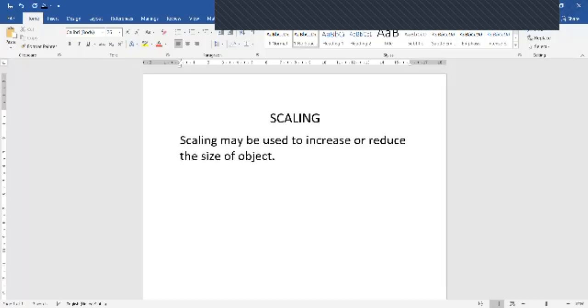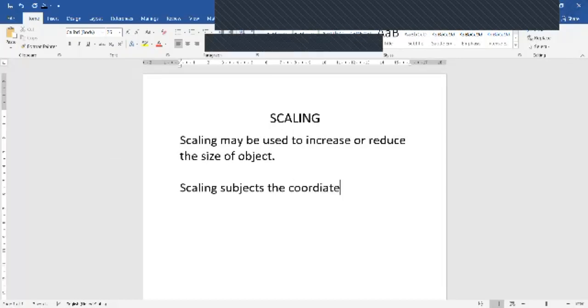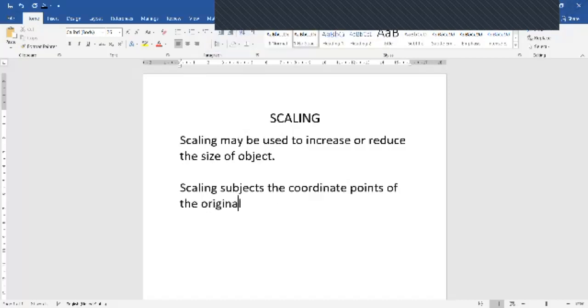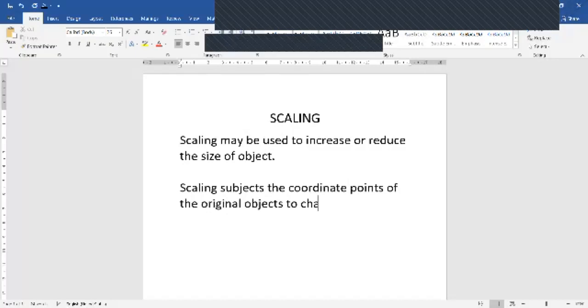So the next important thing is that scaling subjects the coordinate points of the original object to change.